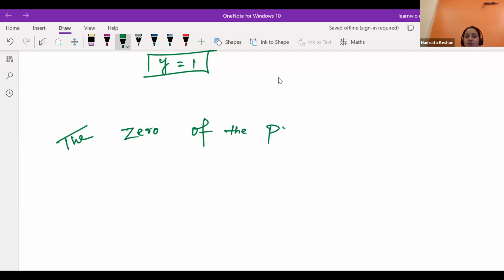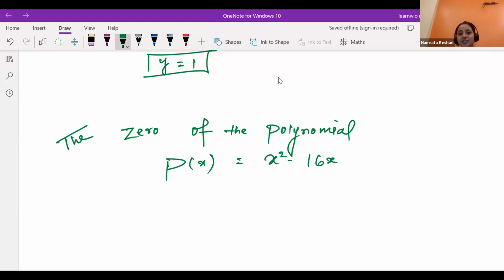The zero of the polynomial p(x) is equal to x square minus 16x. Now what will we do for finding the zero? Think about it. Ma'am, take different values.